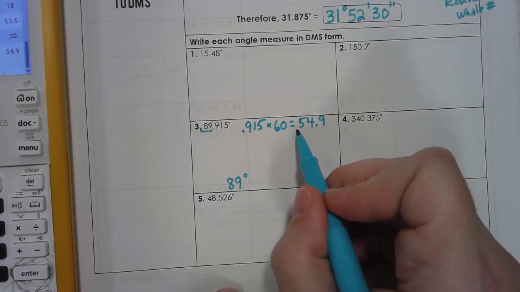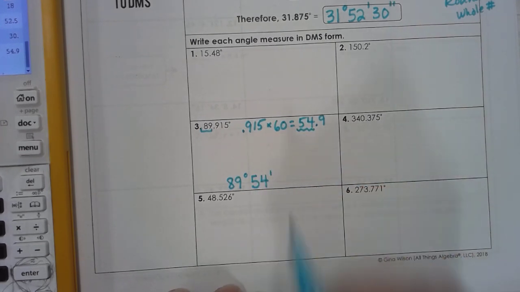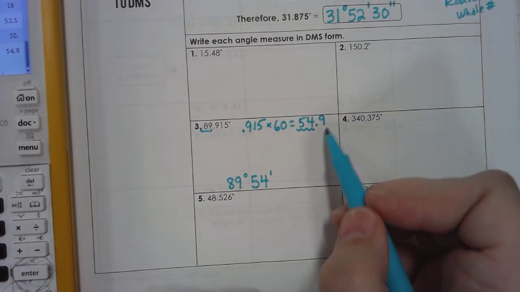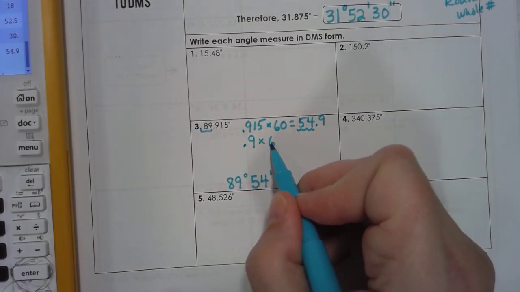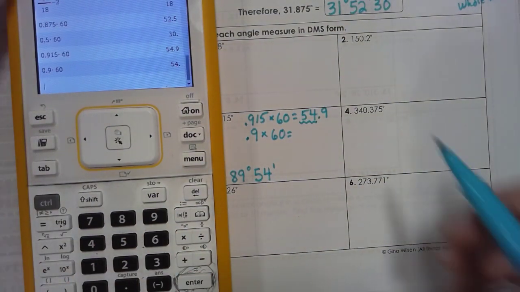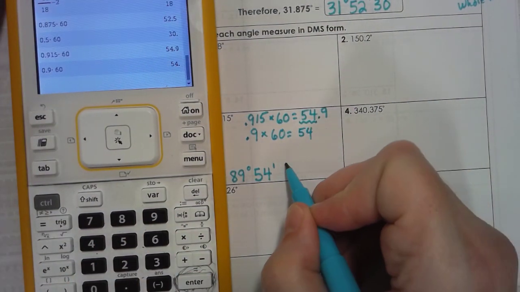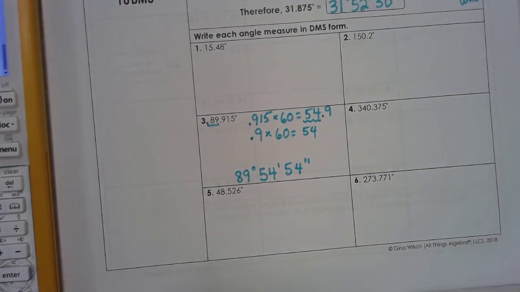So we take the 54, and that's the next part of our answer. That's our minutes. And then the last bit, the 0.9, we multiply by 60 one more time. 0.9 times 60 is 54. So we have 54 more seconds on that.